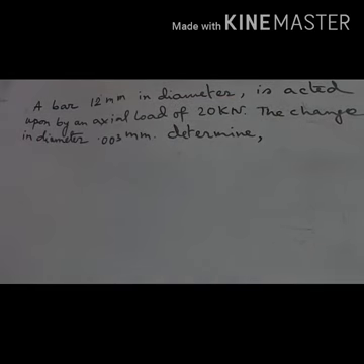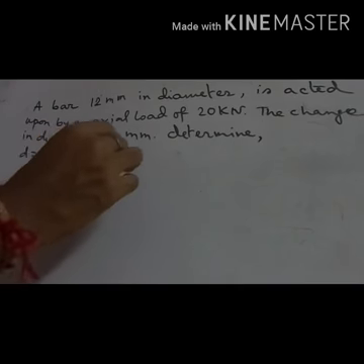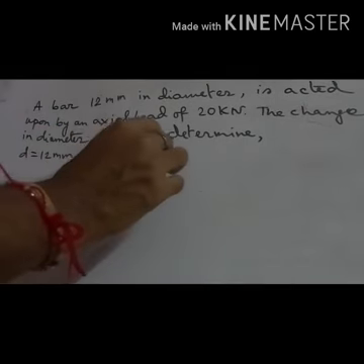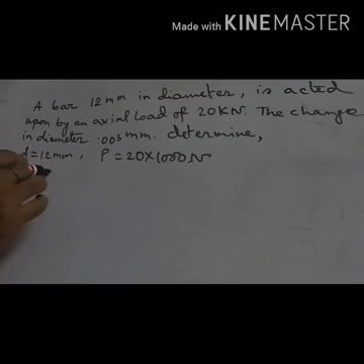The first one given, D is equal to 12 millimeter, P is equal to 20 into 1000 Newton. Delta D is equal to 0.003 millimeter.